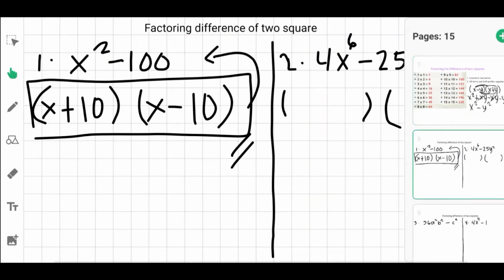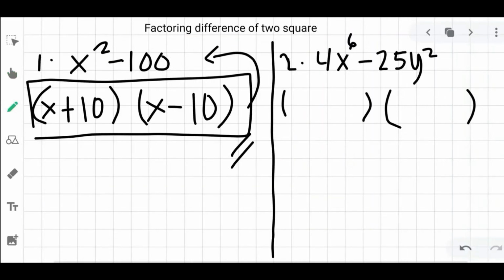So we have to write it down, 2. And then x raised to 6 divided by 2, the answer is x raised to 3. 6 divided by 2 is 3. Next, write the sign, negative, positive. Okay lang kahit it's either positive or negative. It's the same.